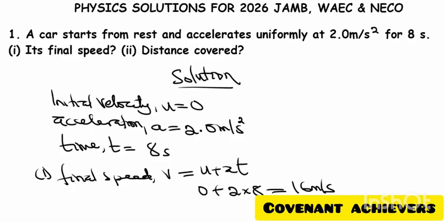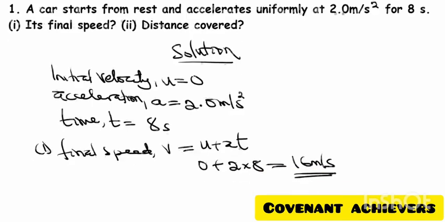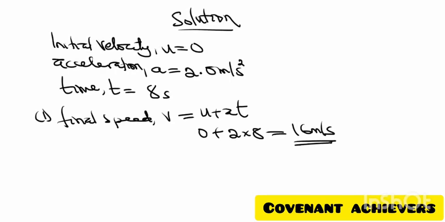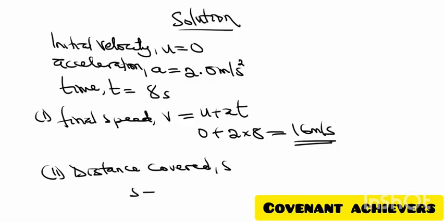Then the distance covered, how do you solve the distance covered? You can see for the second one, the distance covered, and that is x. So x from the equation of motion is equal to ut plus half at square.